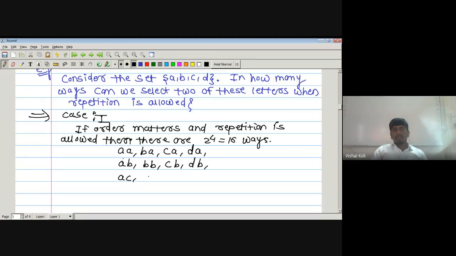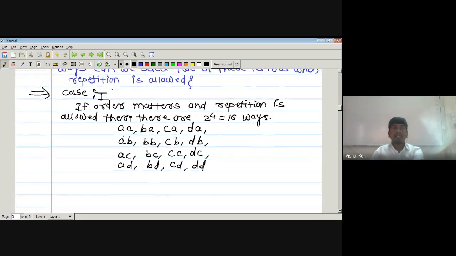Then AC, BC, CC and DC. And the last four are AD, BD, CD and DD, and these are the total 2 raised to 4 equal to 16 ways if order matters, that is, AB and BA are different.